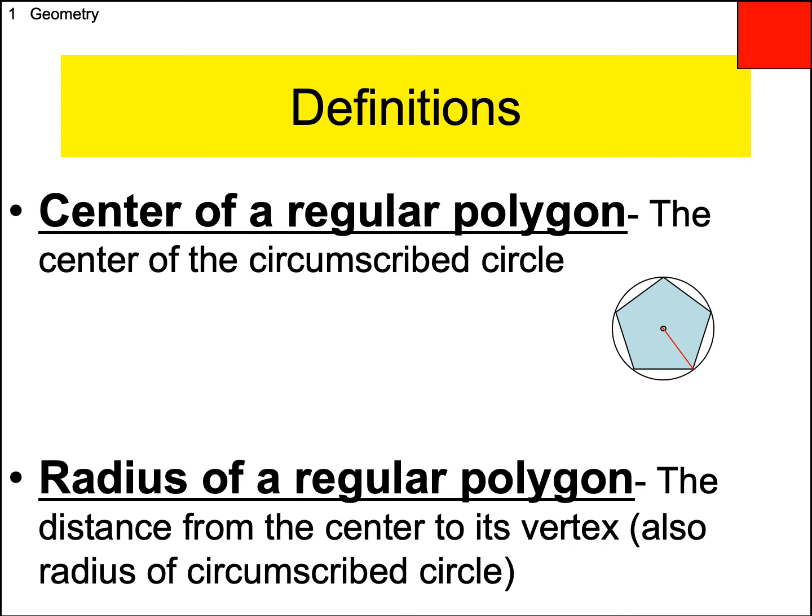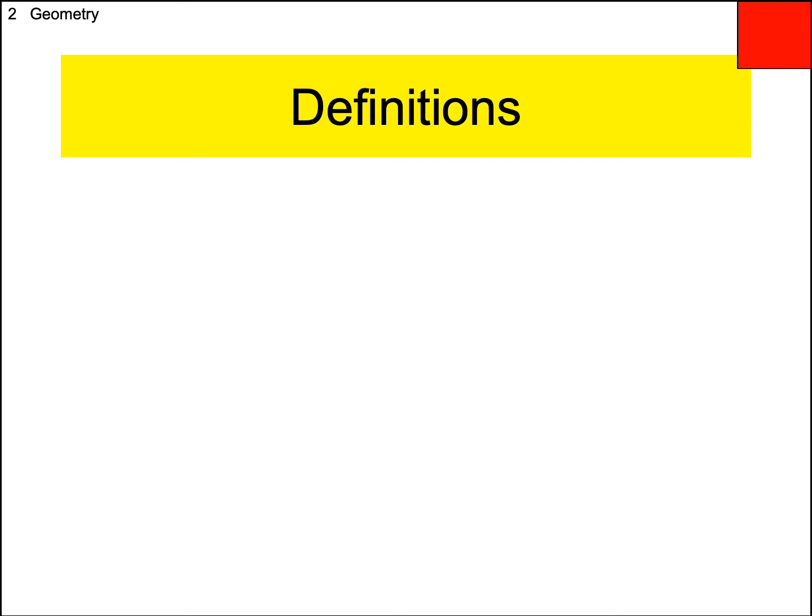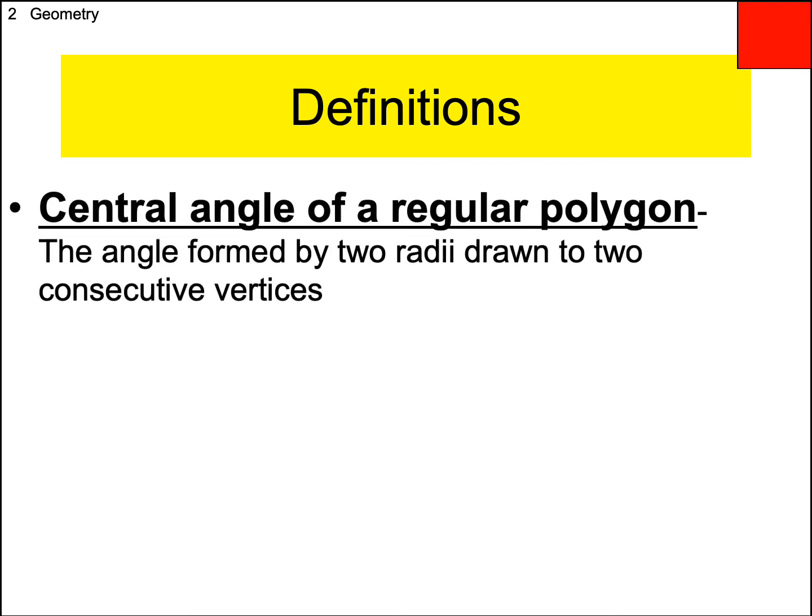So the definitions don't stop here. We've got a couple more. Here comes the next one. It's called the central angle of a regular polygon. We've talked about the central angle of the circle. That's the angle that comes from the center of the circle, and it's exactly the same for the polygon. So if you take a regular polygon and you inscribe it in a circle, or you circumscribe the circle around the polygon itself, and then you draw one radius, remember, we defined this radius that goes from the center to a vertex, and you draw a radius to a consecutive vertex.